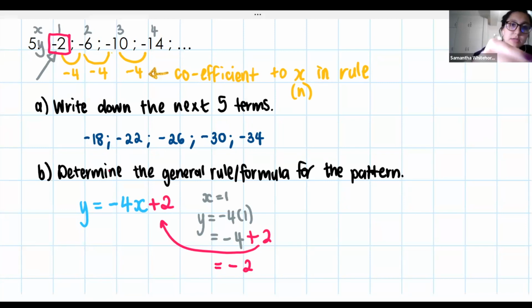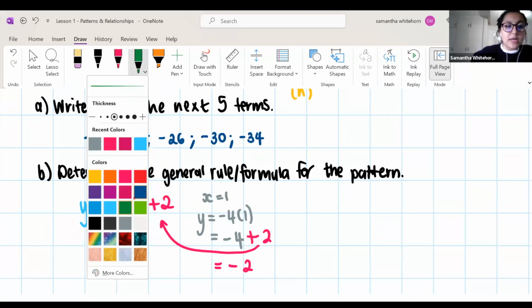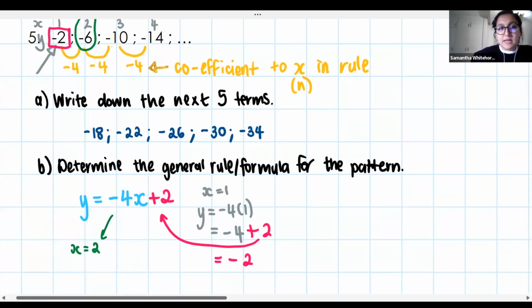Now we always double check ourselves, just in case we've made a silly mistake somewhere. Let's now go to x equals 2. If x equals 2, I know I want an output of -6. So y is equal to -4 times 2 plus 2. -4 times 2 is -8.